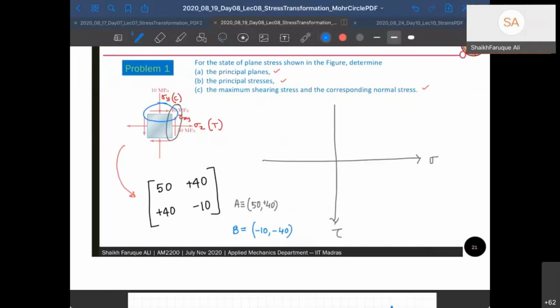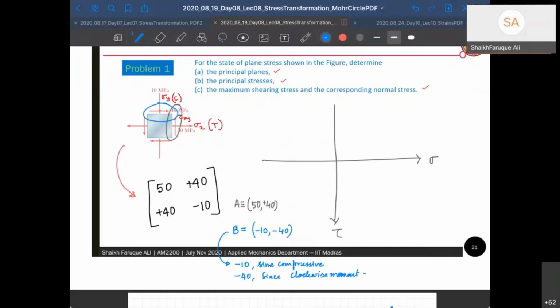Minus 10 since compressive. Minus 40 since clockwise movement. Okay, very nice. We've done it.